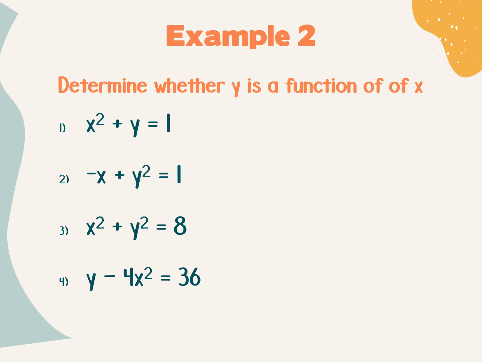All right, so now we're doing this algebraically, which means just look at your y, okay? If the y is raised to an even power, so it could be squared, to the 4th, to the 6th, to the 10th, any of those, or an absolute value, then it is not a function. So is 1 a function?